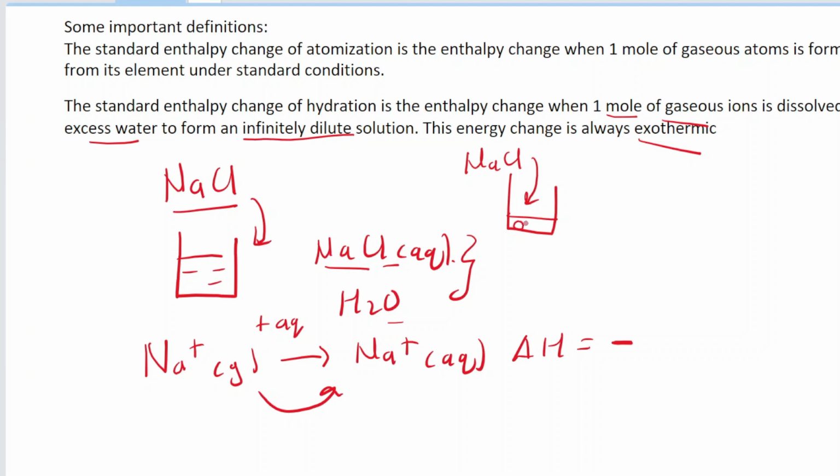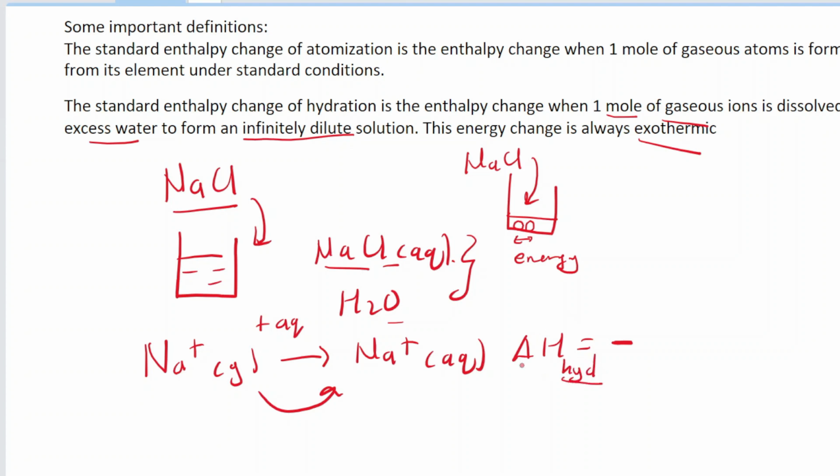So you might have Na+ here and Cl- over here. If two oppositely charged ions are close to each other, they attract, and that attraction will release some energy. So there'll be extra energy released, and you won't be able to measure the enthalpy change of hydration accurately.